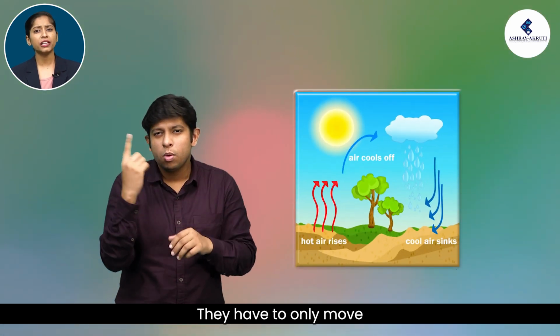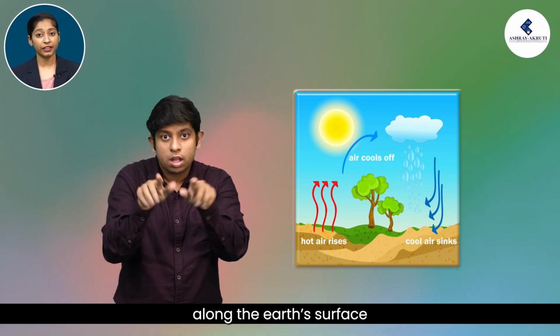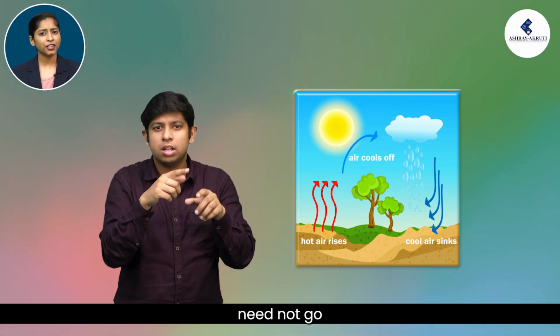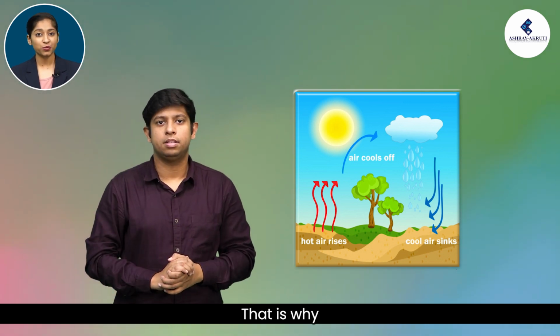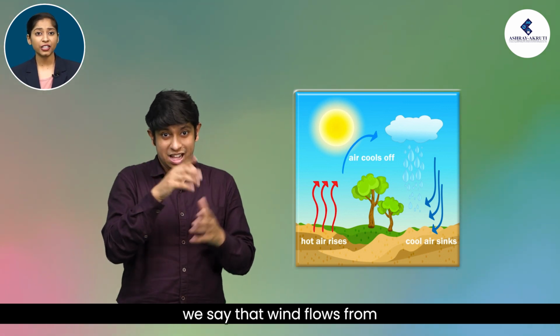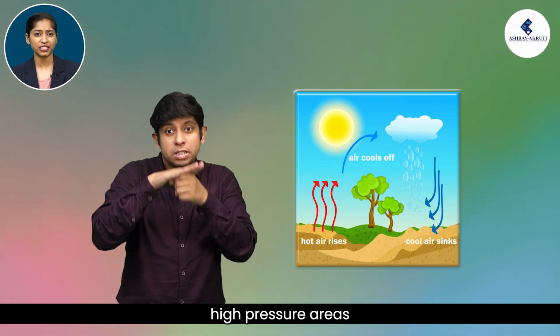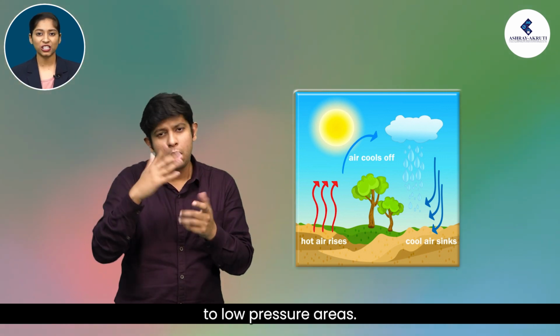They have to only move along the Earth's surface and thus need not go too much against gravity. That is why we say that wind flows from high pressure areas to low pressure areas.